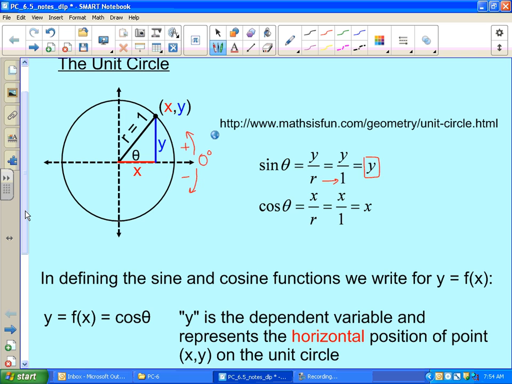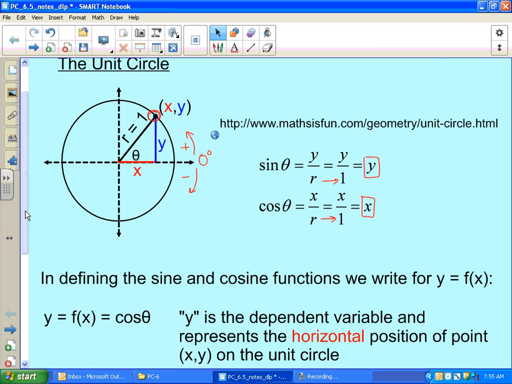So we can measure sine theta as being equal to just the y value of this point that's on our unit circle. And the same thing happens with cosine. So r becomes 1, x over 1. Cosine just measures the x of this point on our unit circle.